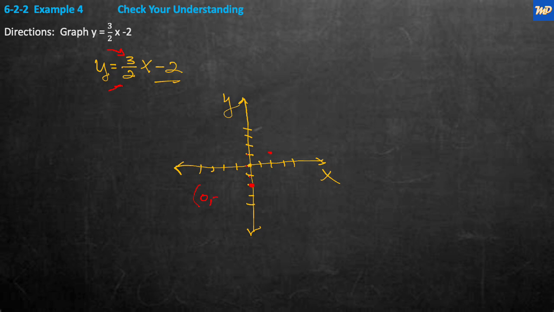And where you ended over here was 2, comma, 1. So those are your points. And now if you can just draw a line through them, I'll do the best I can. That's it. Okay, there's your line. And this is the equation of that line. Y is equal to 3 halves x minus 2.